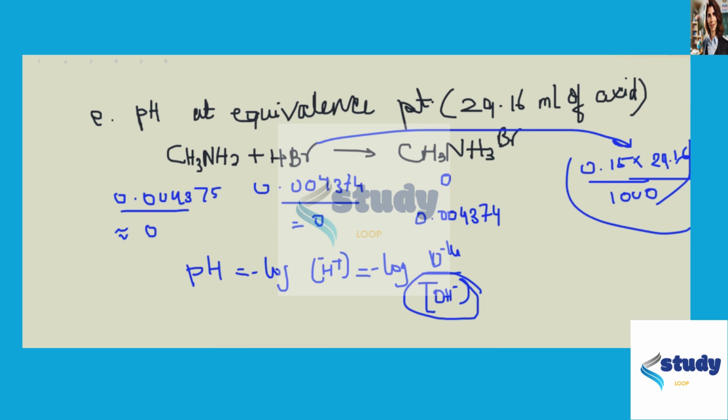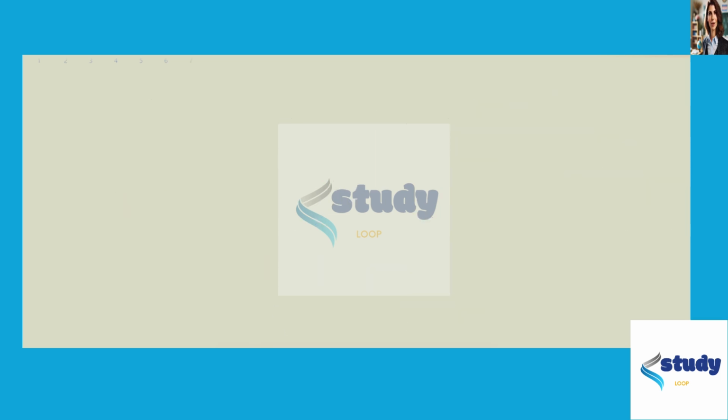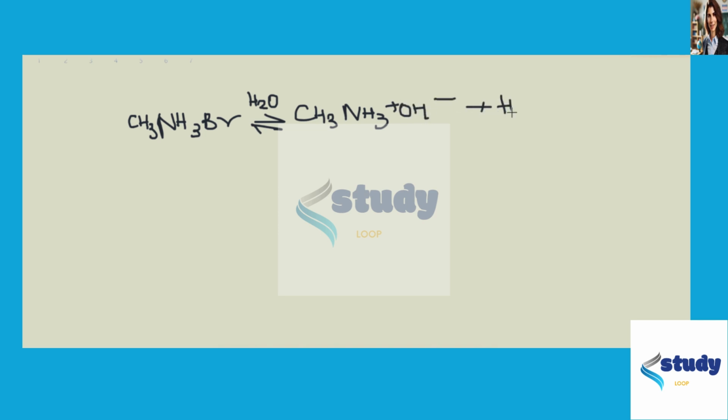So we're going to use a different method, and that method requires an understanding of hydrolysis. CH3NH2 in water solution will give you CH3NH3 plus, OH minus, plus HBr.